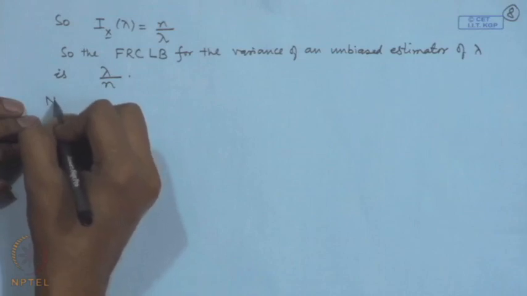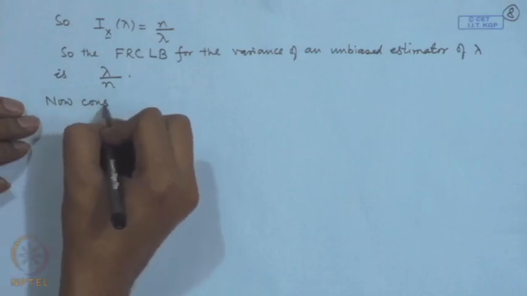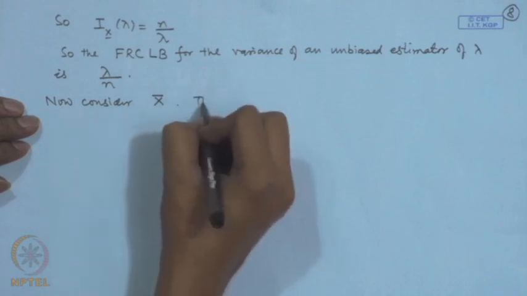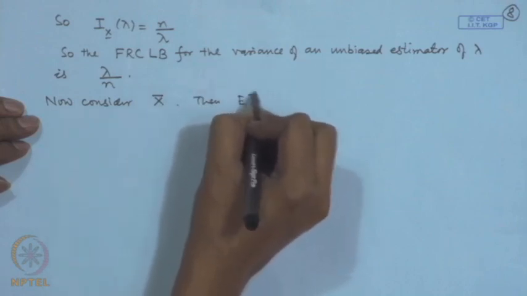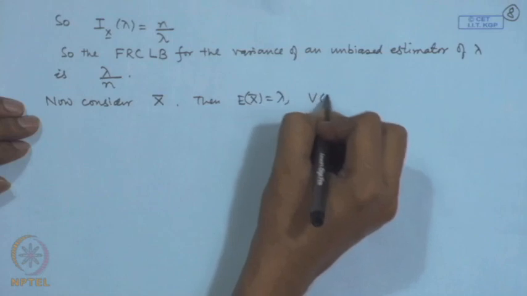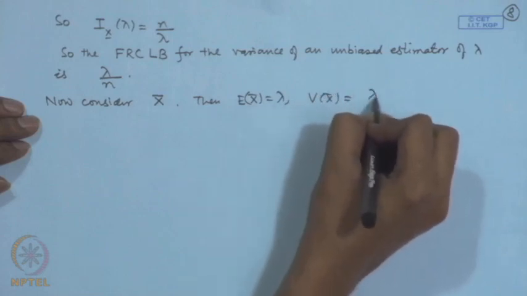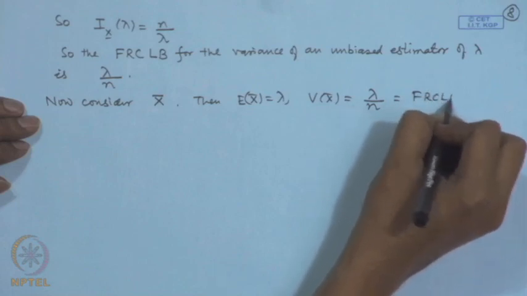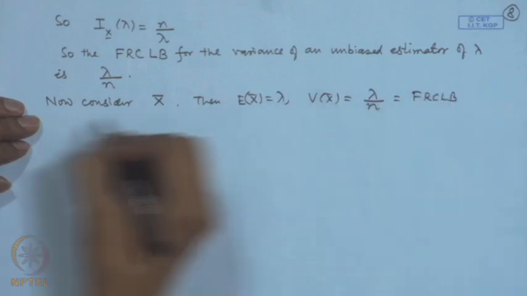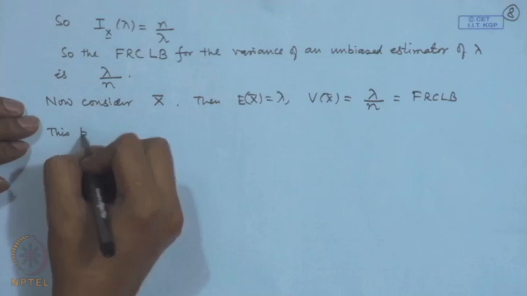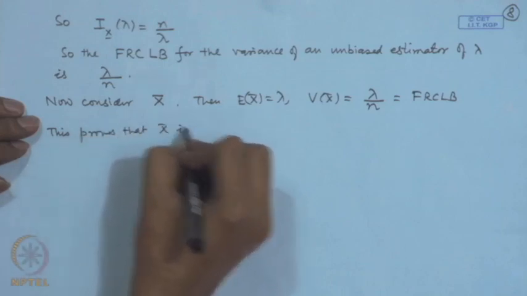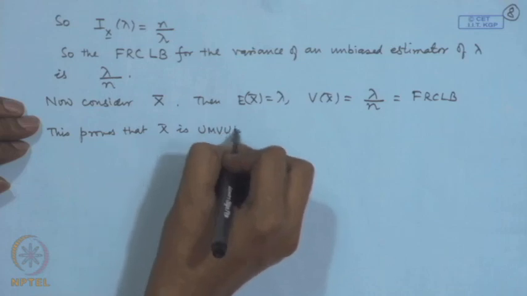Now, consider, say, X bar. The expectation of X bar is lambda. What is the variance of X bar? The variance is equal to lambda by n, which is equal to this FRC lower bound. This proves that X bar is the UMVUE of lambda.